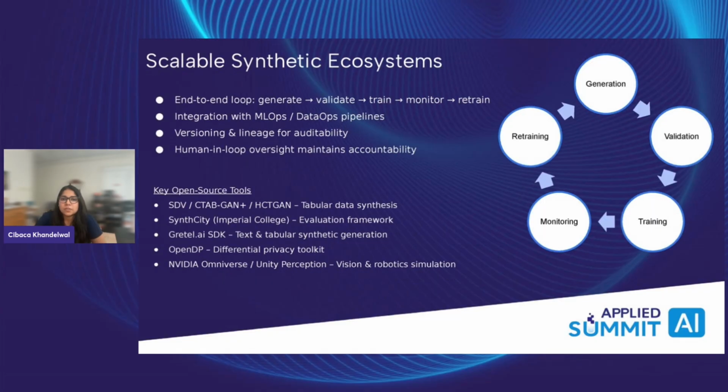With this, I would like to suggest some of the synthetic scalable ecosystem. So we have gone through the training loop. We know how these pipelines are built. I would also like to provide some open source tools which everyone can use and try in this field of synthetic data generation. A few of them are part of the scalable synthetic ecosystem.